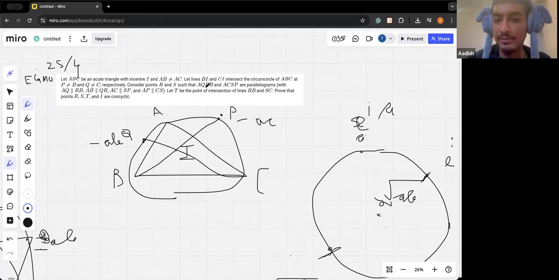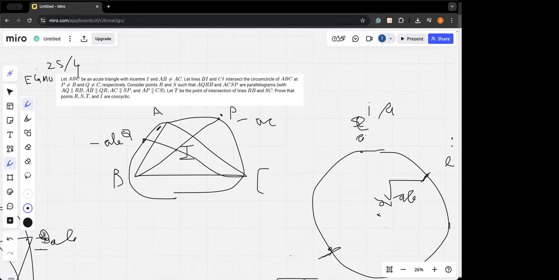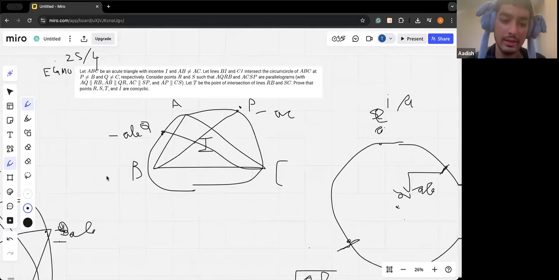So how will you find R? We use A plus R equals B plus Q, since the midpoint is the same. So R will be B plus Q minus A, so B square minus AB minus A square.